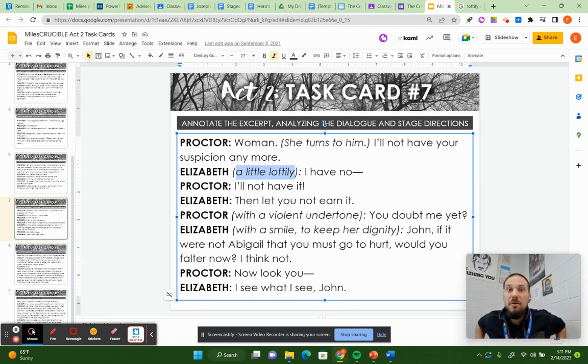And obviously, we know what's going on. She has the moral high ground over John because he's the one who cheated on her. She didn't cheat on him. So she still believes that she has this moral superiority over John.